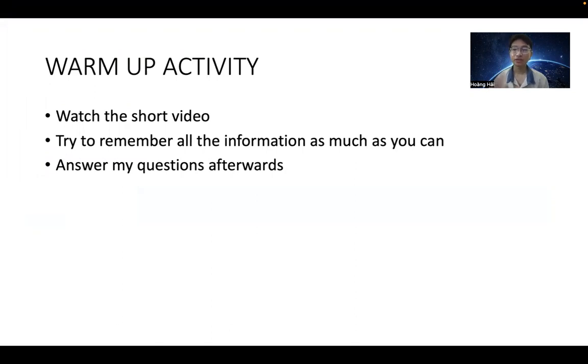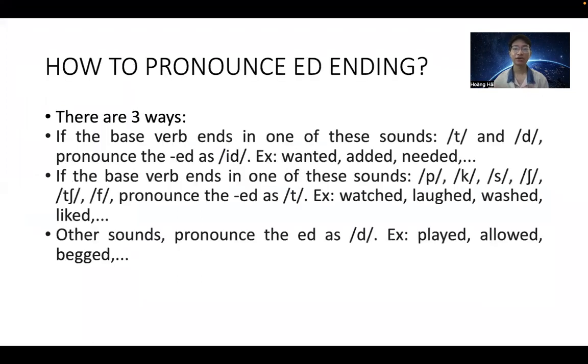Okay, so after we saw the video, as you can see, there are 3 ways to pronounce the ed ending, and I will analyze this in more detail. First, if the base word ends in one of these sounds, t and d, the ending will be pronounced as id. For example, wanted, added, needed.